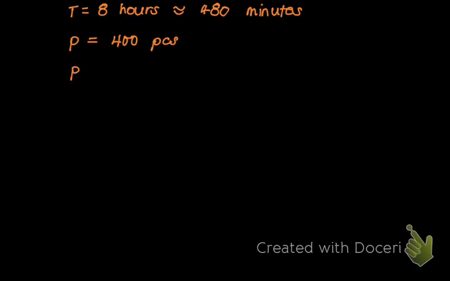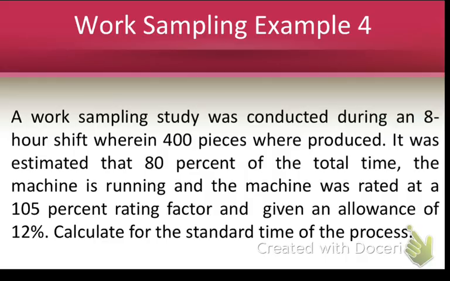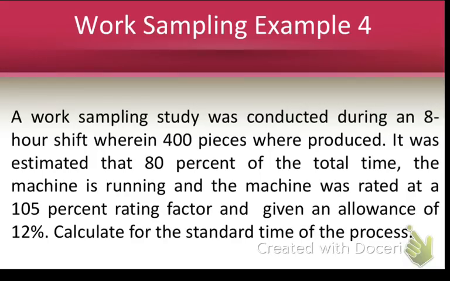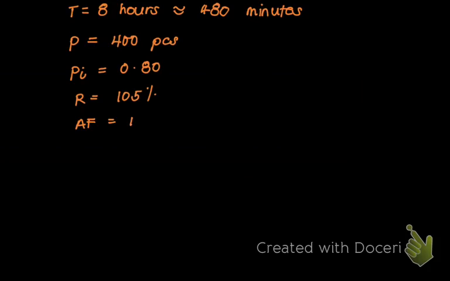And our proportion is given at 80%, or 0.8. Our rating is 105% and our allowance factor is given at 12%.